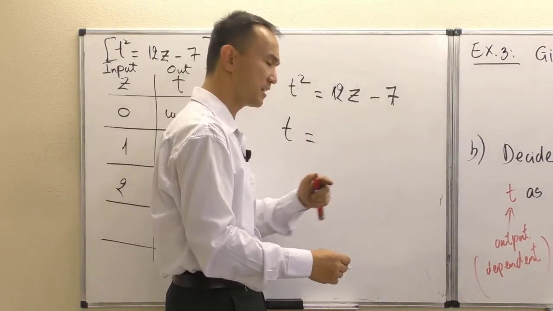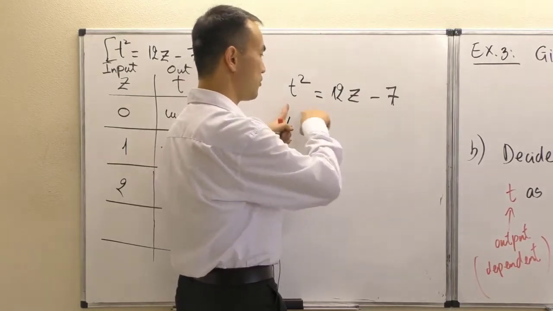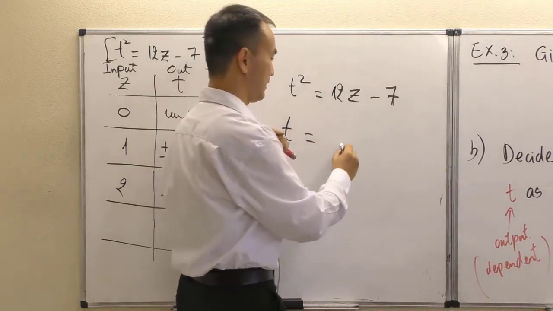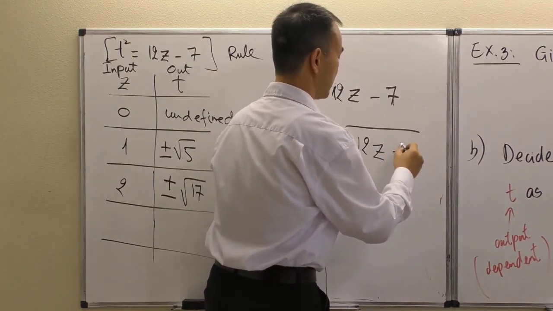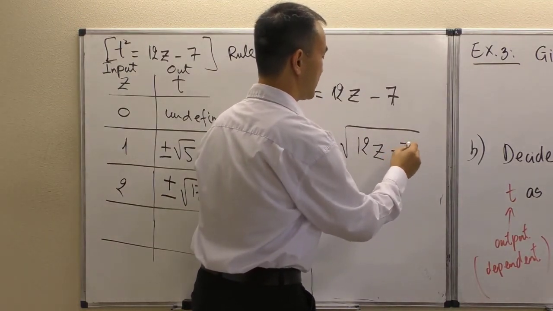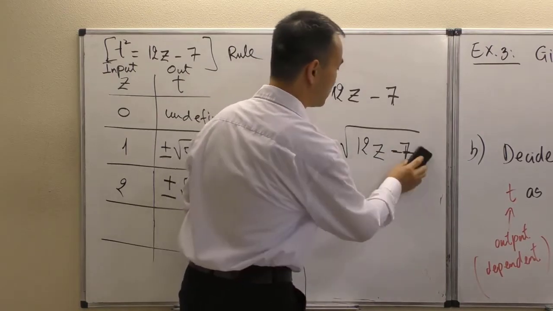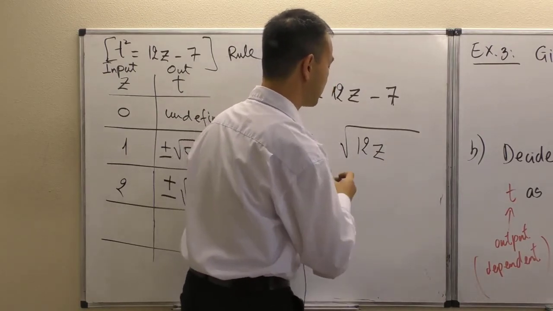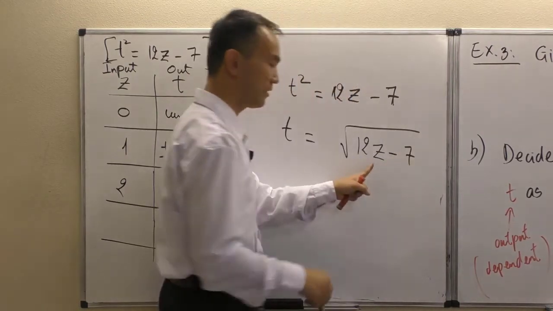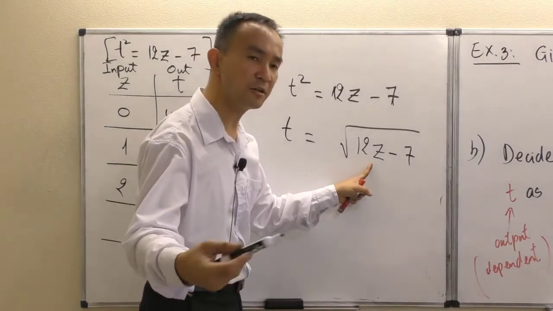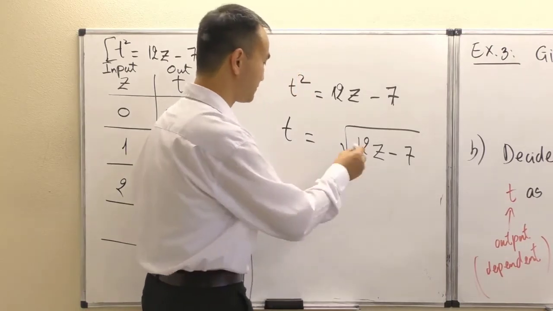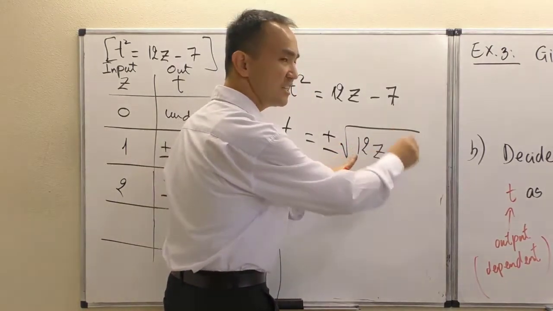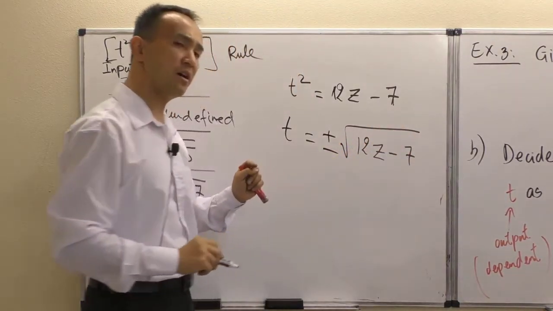And the common thing here is we can just take the square root on both sides of that equation, and that's the square root of 12z minus 7. Think about if z was already at an arbitrary value. Then taking the square root of that entire expression gives me this.